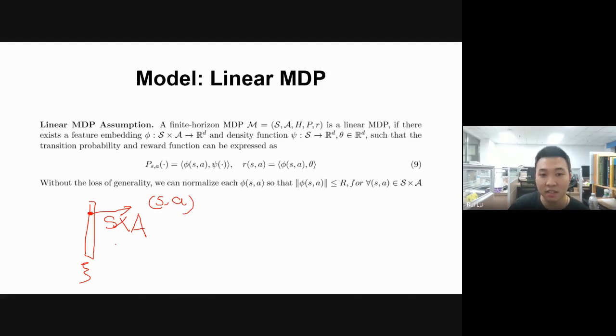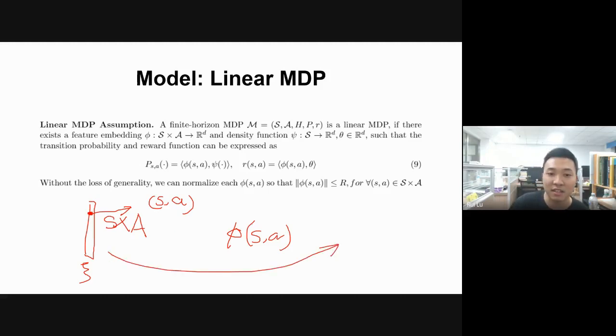And then your phi action just does nothing. Your phi action just outputs this vector. And then you know why it is a linear MDP, because now theta can just assign the corresponding reward in the corresponding entry. For example, this SA, so I put the corresponding R(S,A) here.